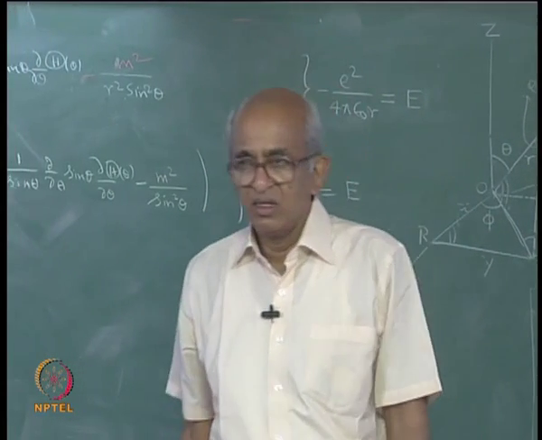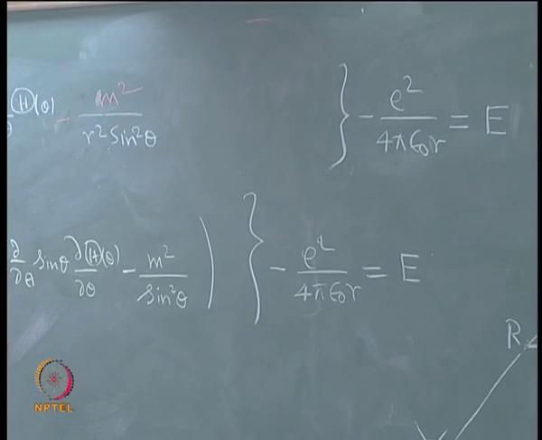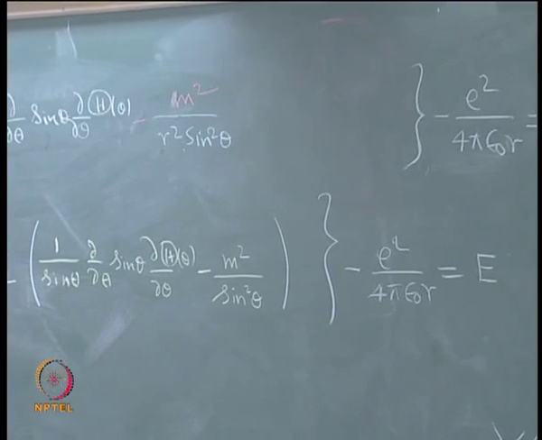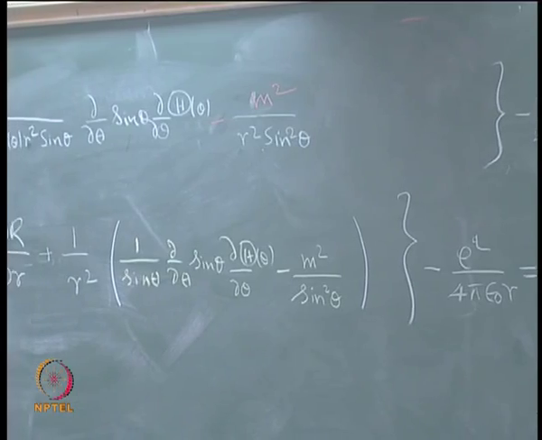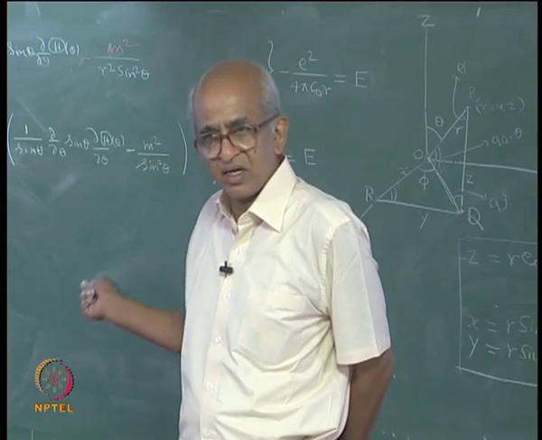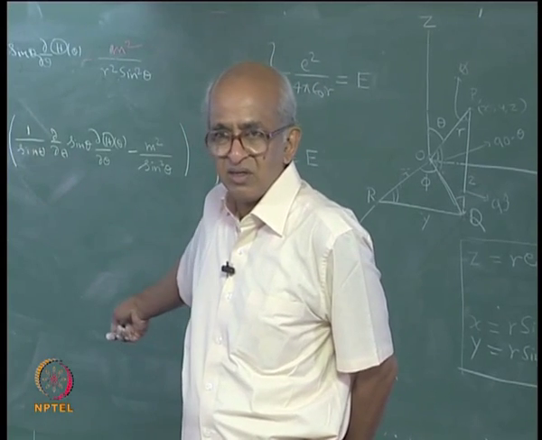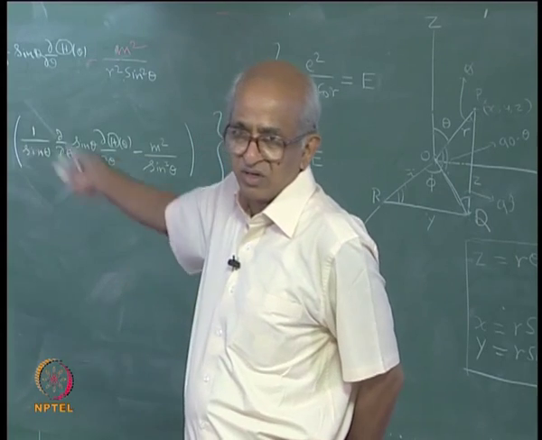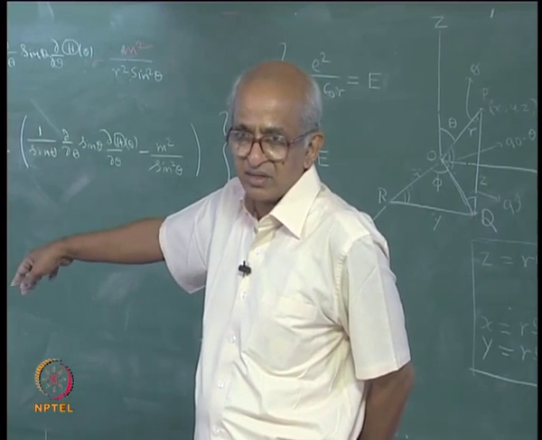Right. Now, if you look at this equation, what do you find? The portion that I have written with the yellow color depends only upon theta, while everything else is either constant or dependent on r. So, what can you do?